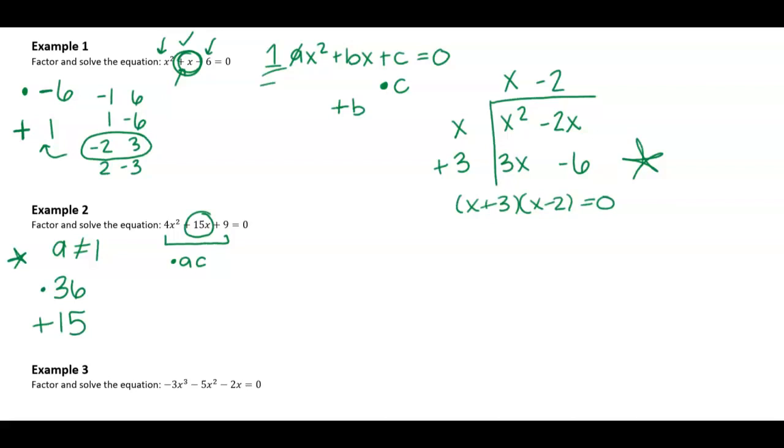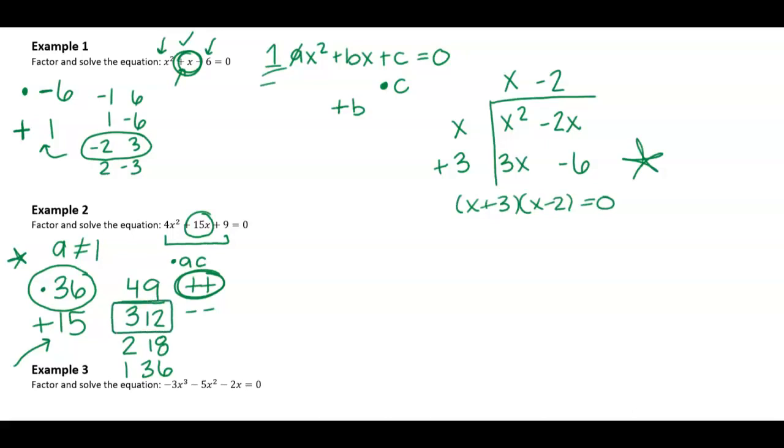If I take all the multiples of 36, I know that I either have to have both positive or both negative if I'm going to be multiplying to a positive. Since I'm adding to a positive, I'm going to choose that they are both positive. I need them to add to 15, and so here's my pair right here.